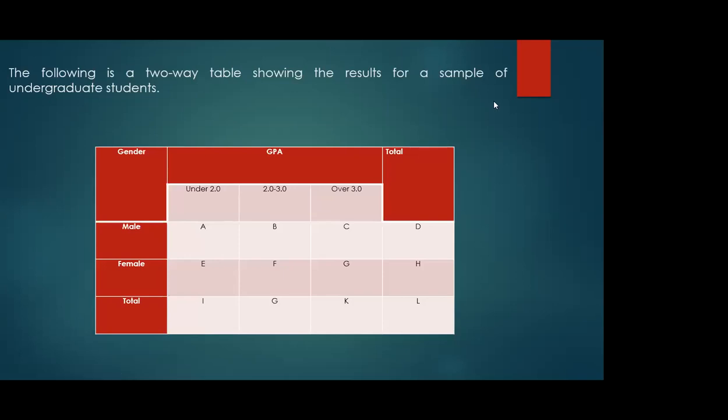Yeah, so H over L represents a marginal probability, because as before, marginal is the outside total and H is the outside total for being a female, while L is the grand total. All right, so that was easy.